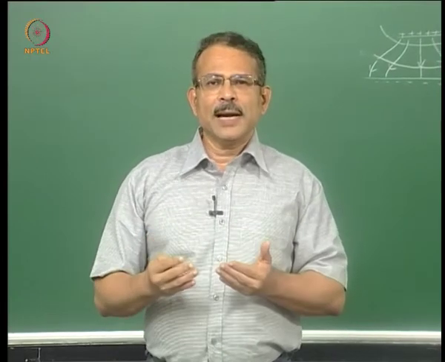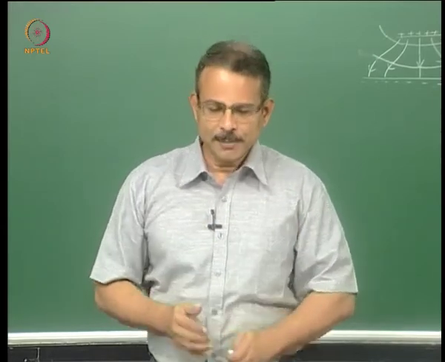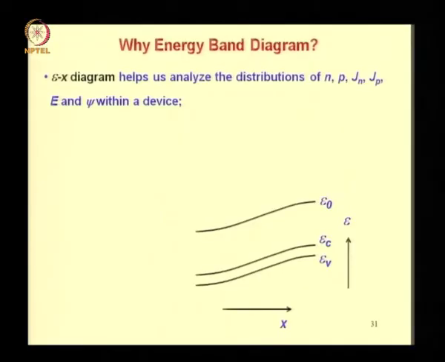So the energy band diagram really reflects the variations of these quantities. Now I must mention here that not all lines are indicated here, and therefore just from these three lines you won't be able to figure out all these quantities. So we will look at this point in more detail later.